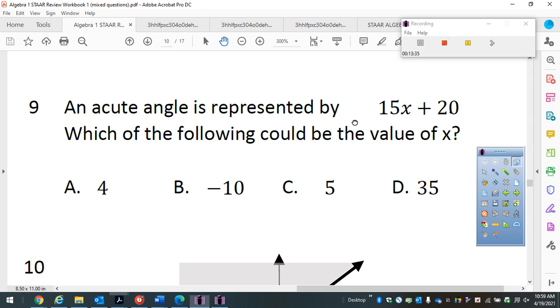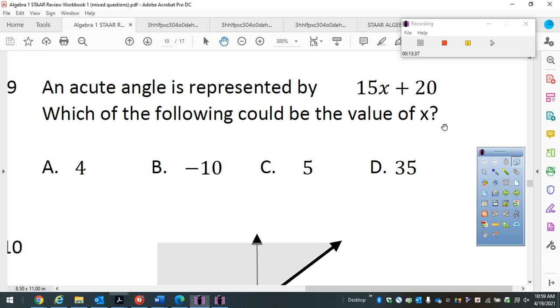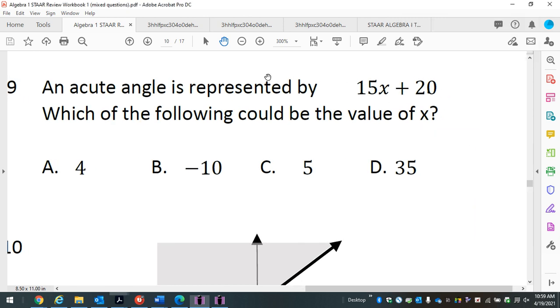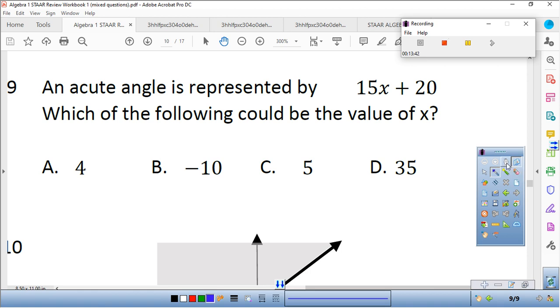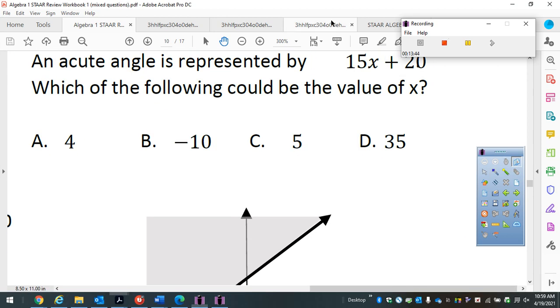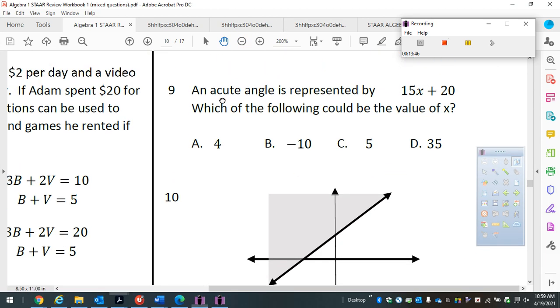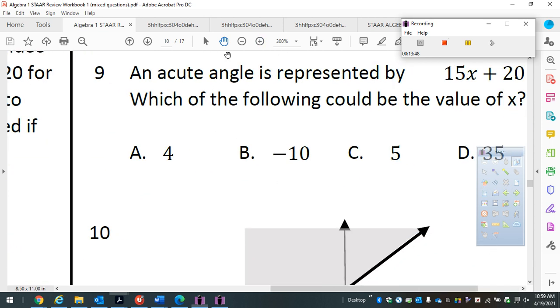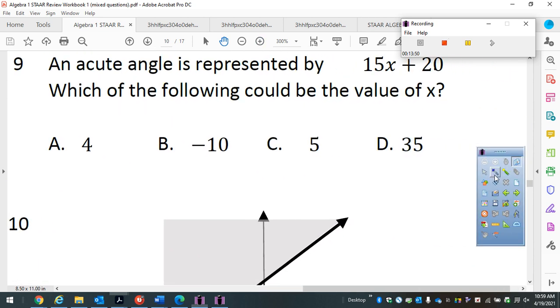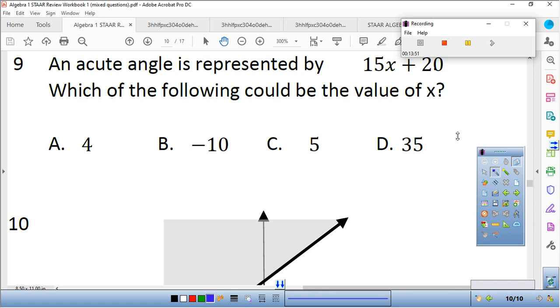Okay, an acute angle is represented by 15x plus 20. Which could be the value of x? So in regards to this, they want an acute angle. So the angle has to be between 0 and 90, okay?